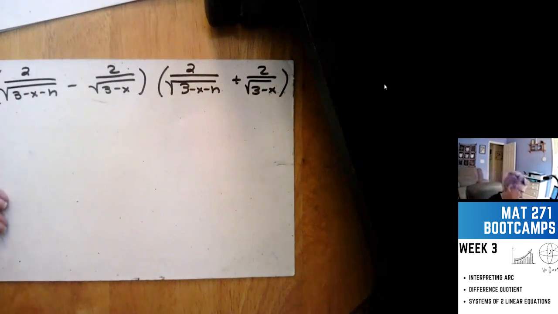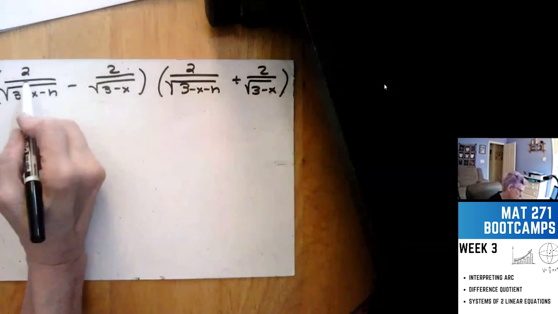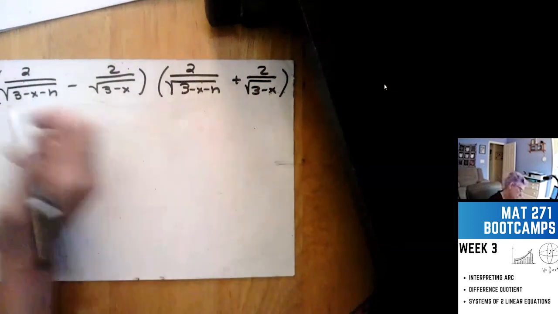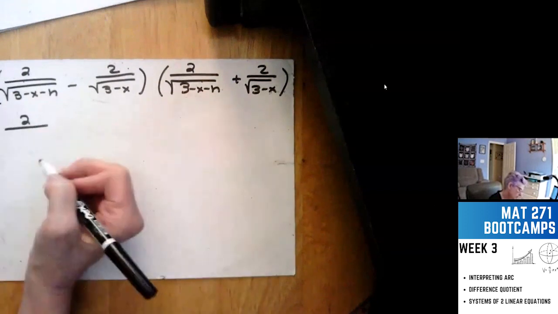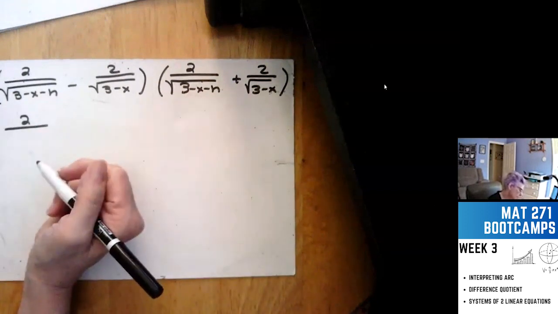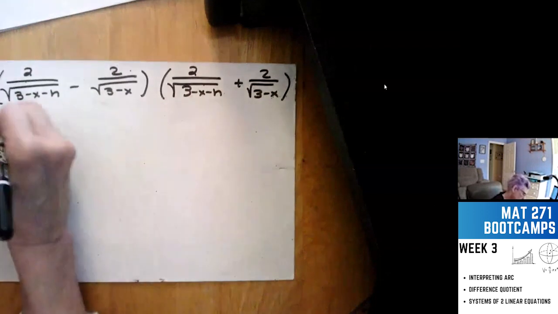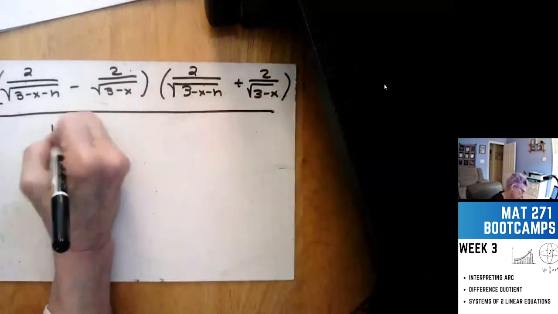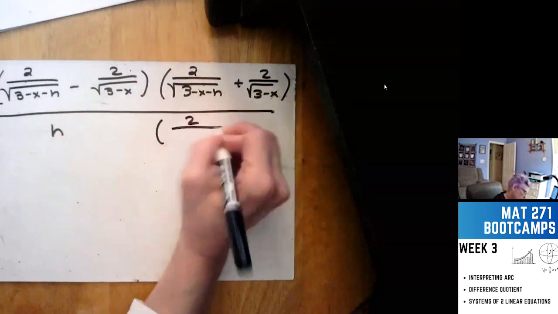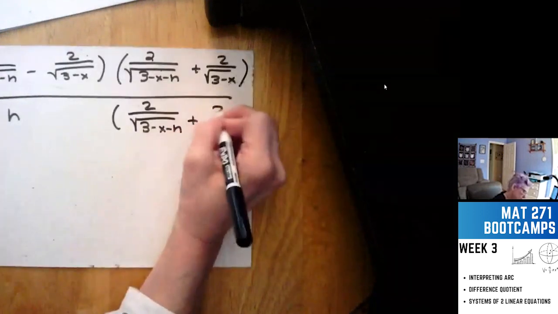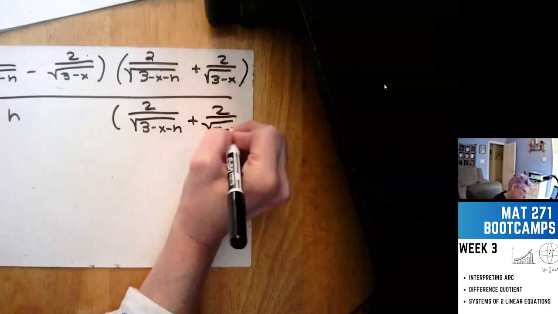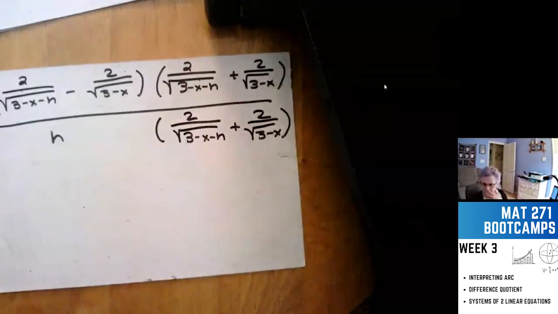Okay. So let's see, we would have first times first would give me 2 over, but then I'm going to have in the denominator, I'm going to have h, I'm going to have 2 over square root of 3 minus x minus h, and 2 over square root of 3 minus x down below.